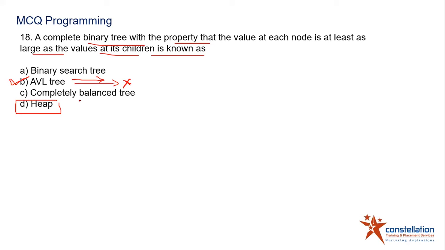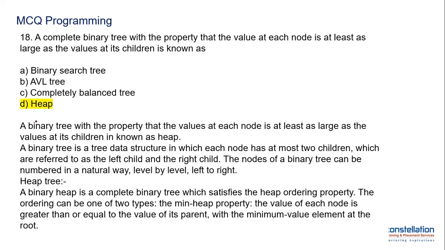There are two kinds of heaps: max heap and min heap. So a binary tree with the property that value at each node is at least as large as the value at its children is known as heap. Always remember, don't go with AVL. Most of the time you feel like, okay, this can be the one, but not every time it turns out to be true.